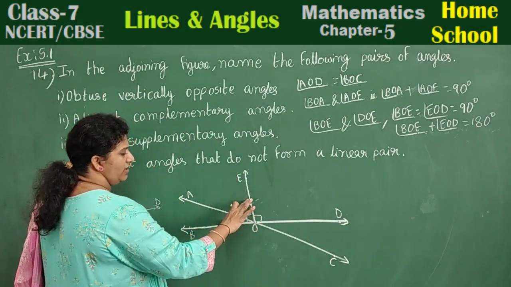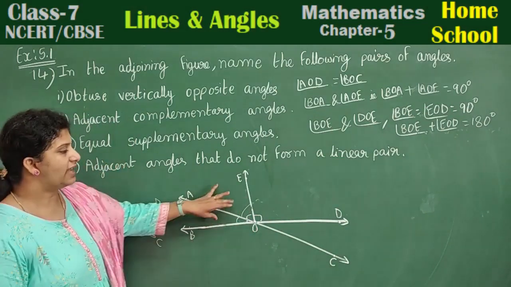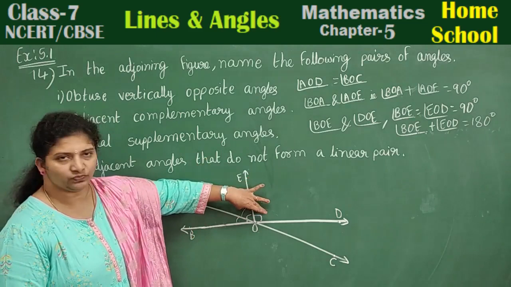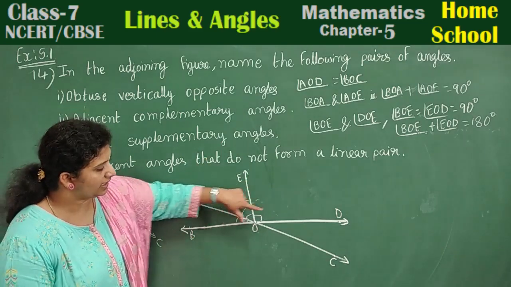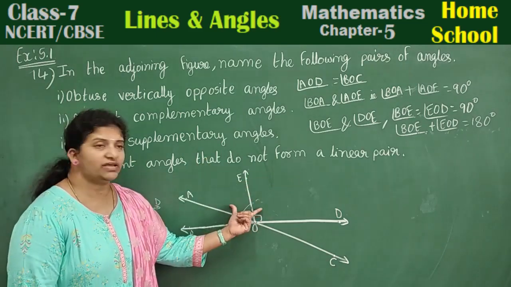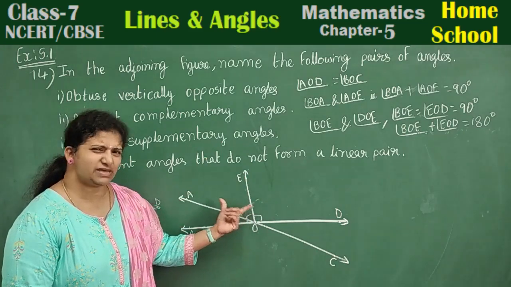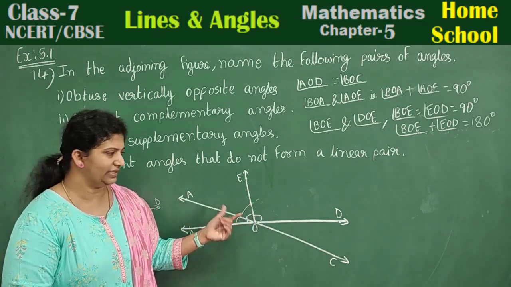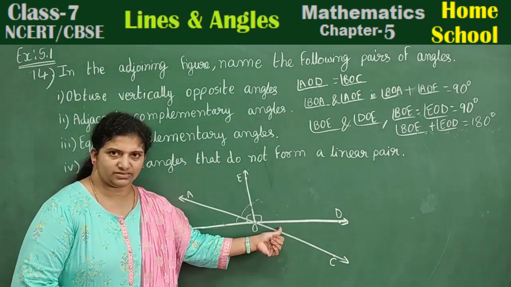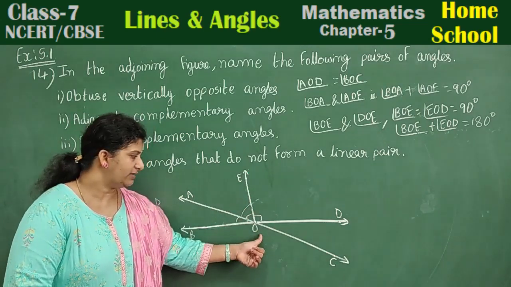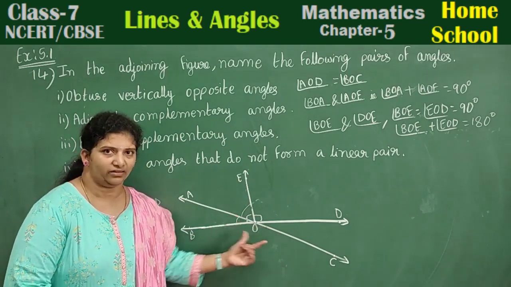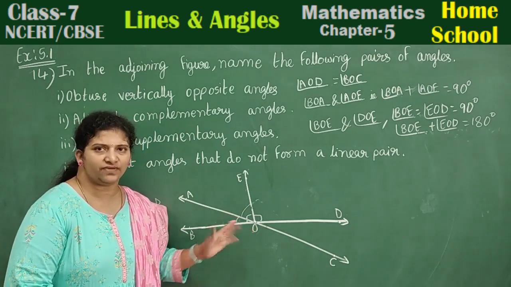These two are adjacent angles and their sum is not supplementary. Next, these two, this angle and this angle. The sum is not supplementary. Supplementary means 180. They are not a straight line, no? They are not 180 degrees. Then this and this. And this you cannot take because this line is a linear pair. So these two adjacent angles we cannot take.